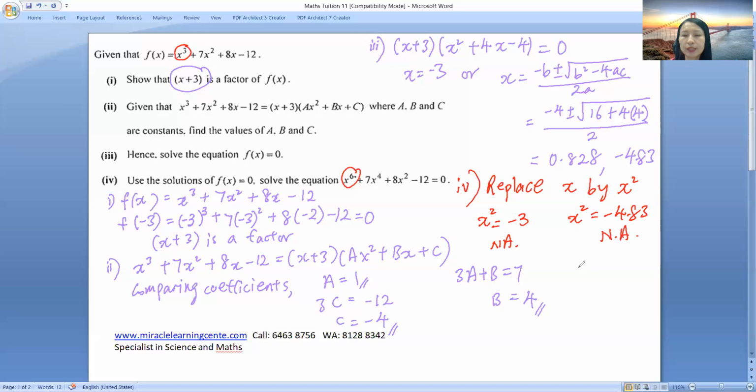And finally we have the last one, x squared equals 0.828. So finally the answer x will be equal to plus or minus 0.910.